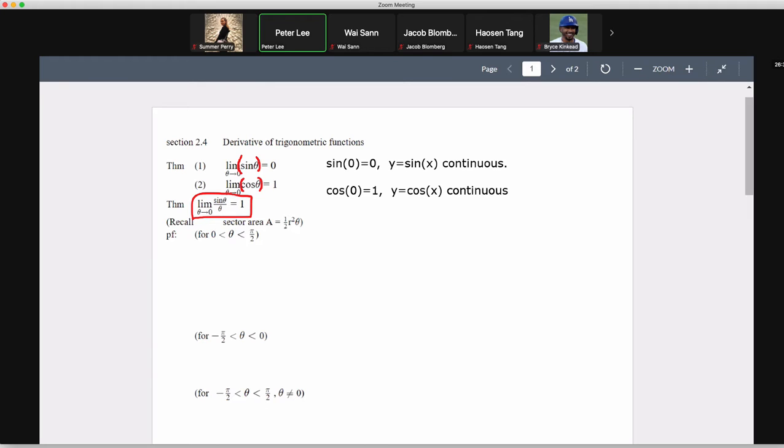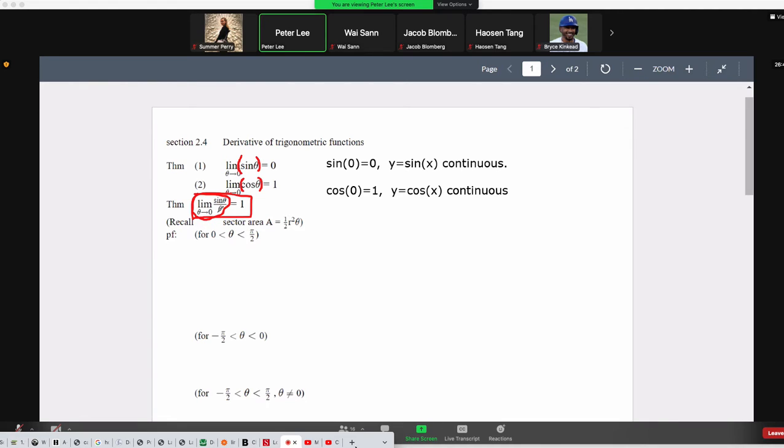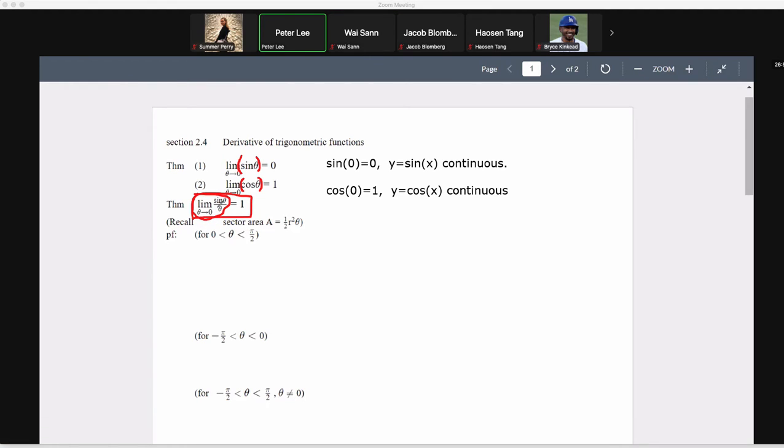So what is this theorem here? First of all, we have a limit. What is this limit of sine theta over theta as theta approaches 0? For any kind of limit, class, when you have a limit like this, what is the first thing you have to do?